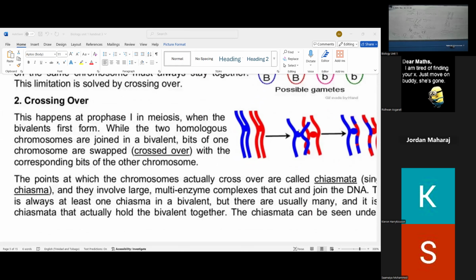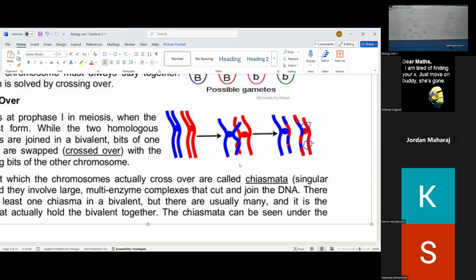So you have two reds. This is the point of crossing over. So 2 points of crossing over here. This is one, and this is the next one. There are 2 points, so you have two chiasmata. And that will produce this, which is genetically different. It's varied.